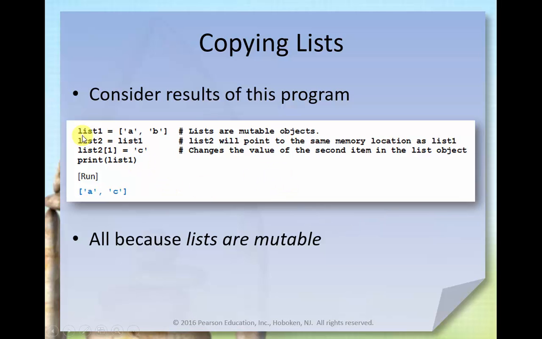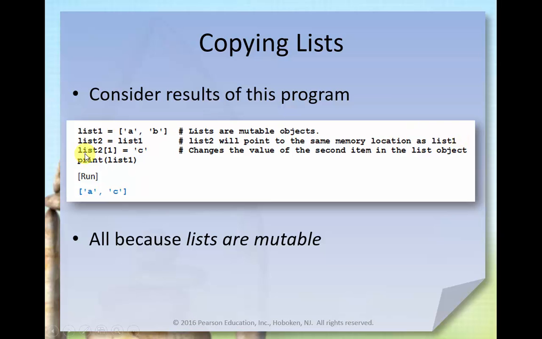So look at this and see if this makes some sense. If we have list 1 equal to the 2 characters A and B, this is a mutable object. If we set up a new list 2 and set it equal to list 1, list 2 is going to point to the exact same memory location as list 1. Two different names, but they're equal because they're pointing to the same memory location.